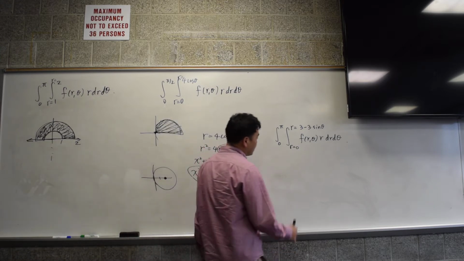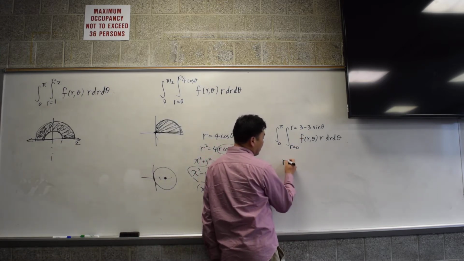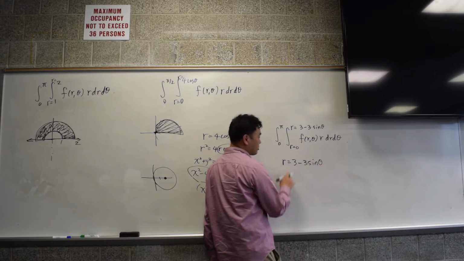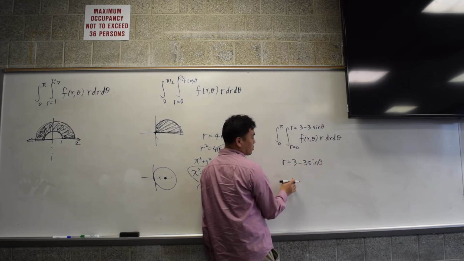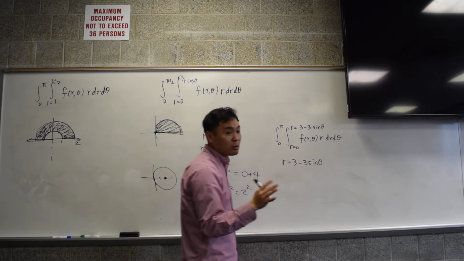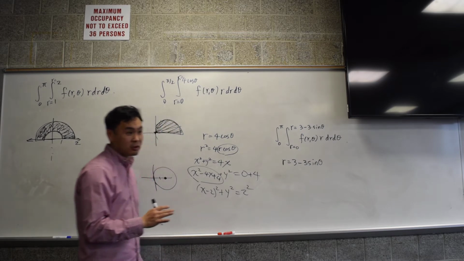Well, this r equals 3 minus 3 sine theta, we know that's a cardioid because these two numbers match. So if it's a plus a sine theta, or a minus a sine theta, or a plus a cosine theta, or a minus a cosine theta, if it's one of those four cases, we know it's a cardioid.